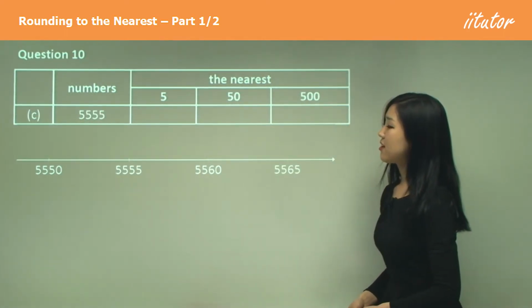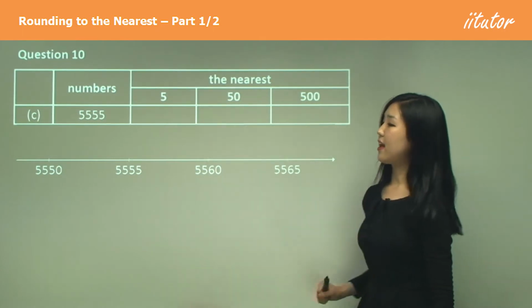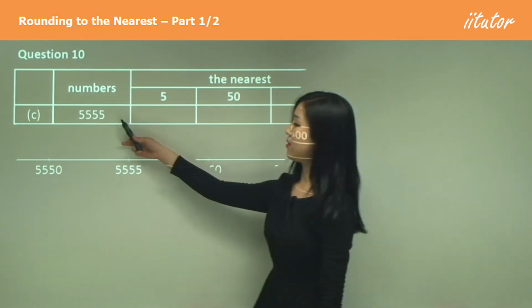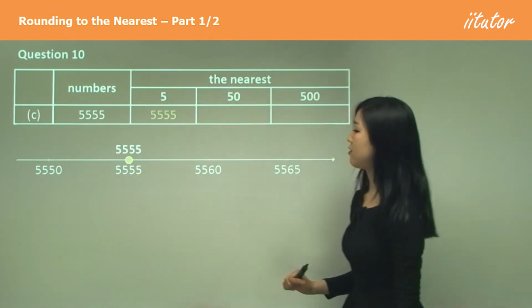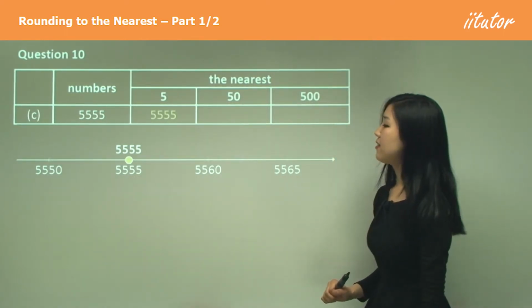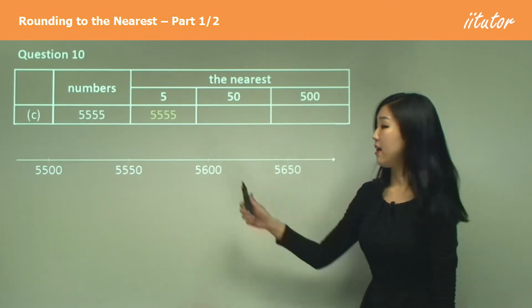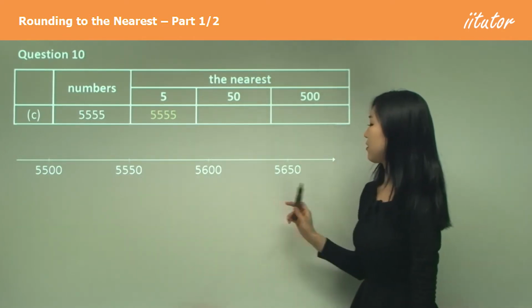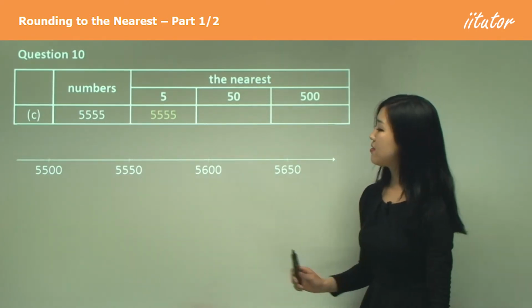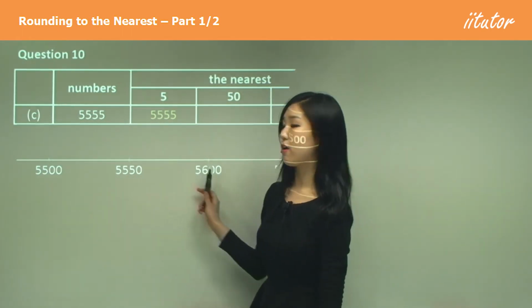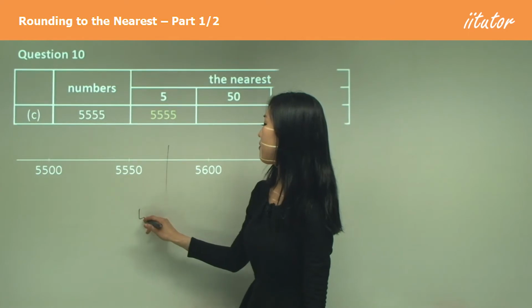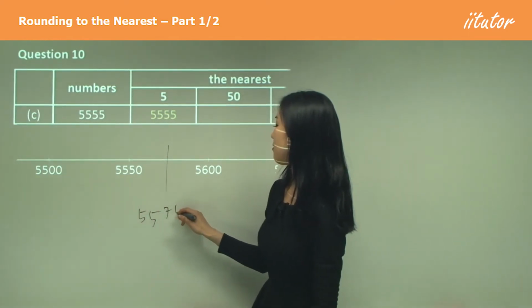Now C, to the nearest 5, we're going up by 5s like that. And that one here, that one is exactly on that point, so we don't really need to do any rounding. So that's just the answer. Now 50s, we're going to go up by 50, okay? So 550, 600, 650. And this number here, it's going to be between 550 and 600. So the midpoint is 575.